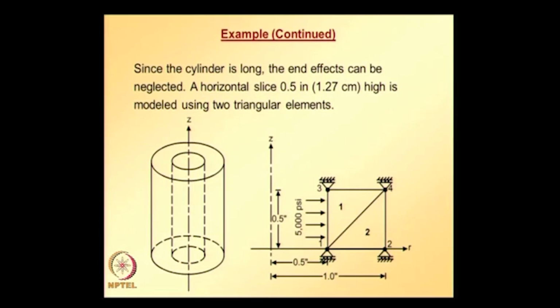Similarly, element 2 contribution goes into the rows and columns corresponding to nodes 1, 2, 4. The global equation system is going to be of dimension 8 by 8. So, the contribution from element 1 goes into 1, 5, 6, 7, 8 rows and columns. Element 2 contribution goes into 1, 2, 3, 4, 7, 8 rows and columns of the final global equation system.